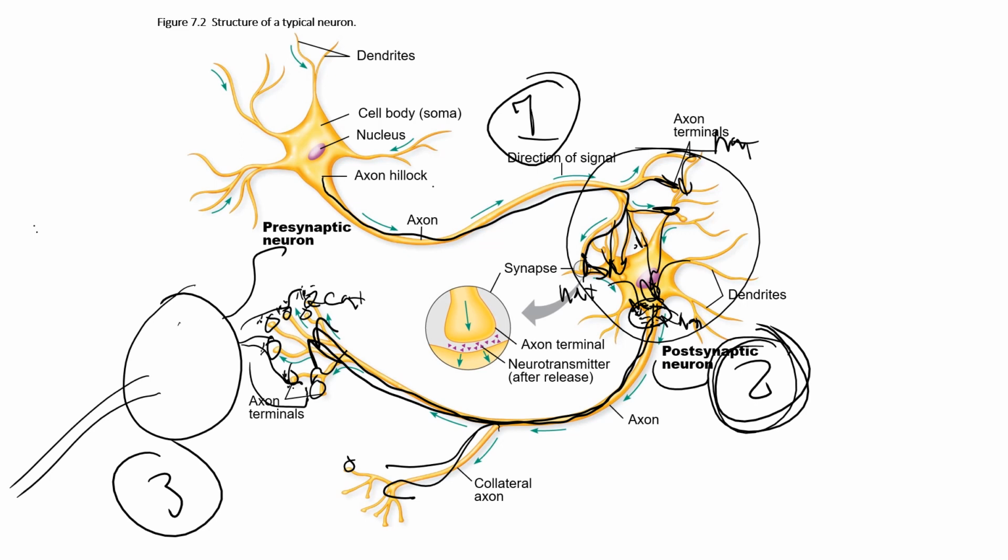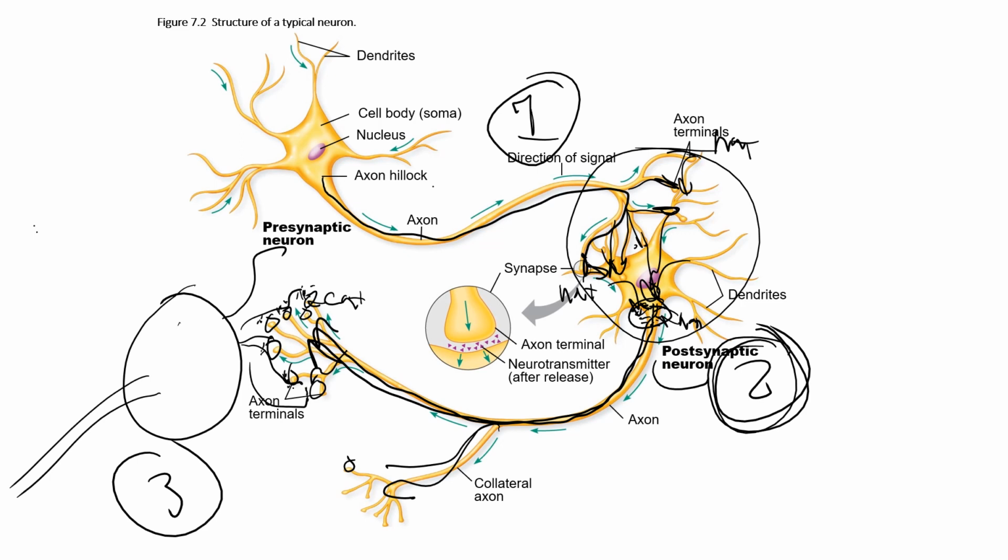So you can imagine that embedded in the plasma membrane of the dendrites of neuron number 3, there are going to be ligand-gated channels that bind this specific neurotransmitter. And that neurotransmitter is going to bind to those ligand-gated channels and cause them to open up.